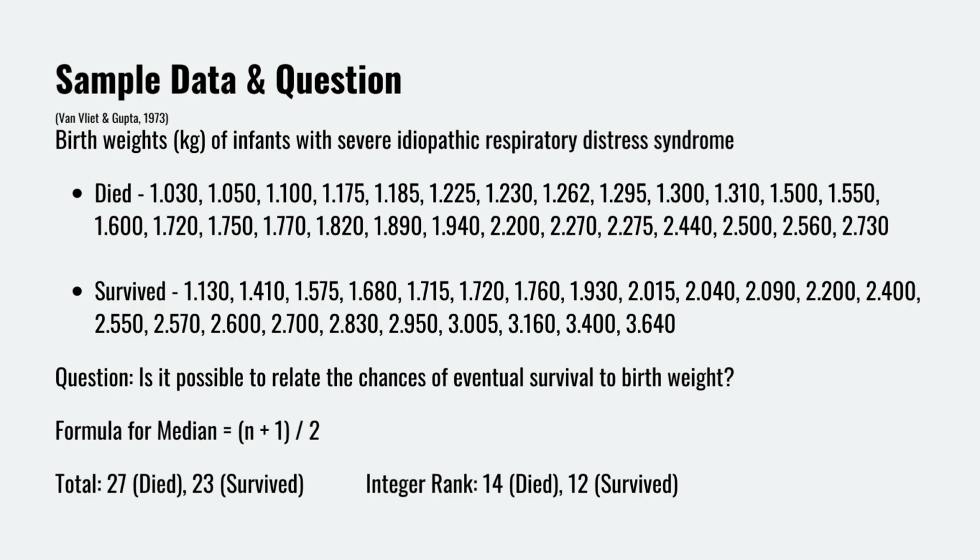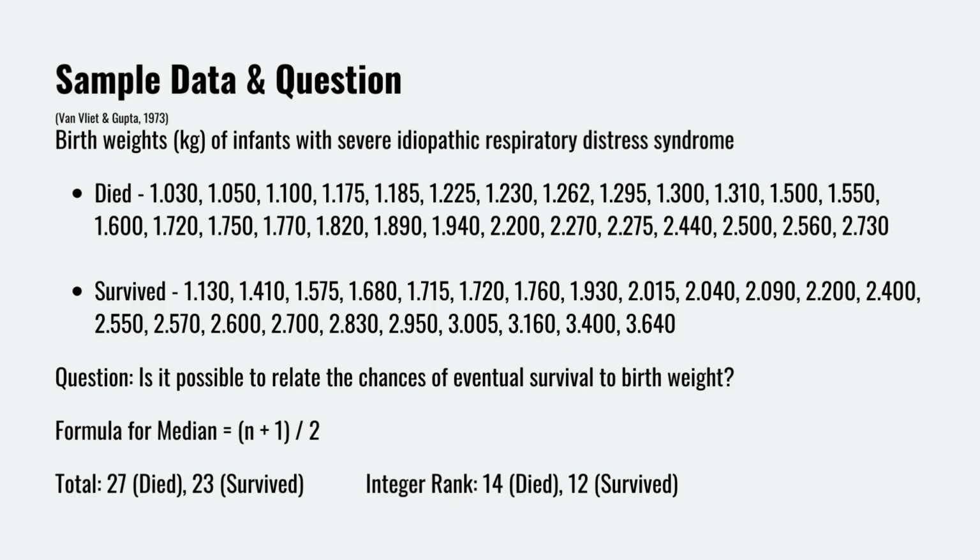So let's use 27, add 1, we get 28, and divide the answer by 2, so we get 14. Therefore, we must count to 14, and we get 1.60 or 1.600.